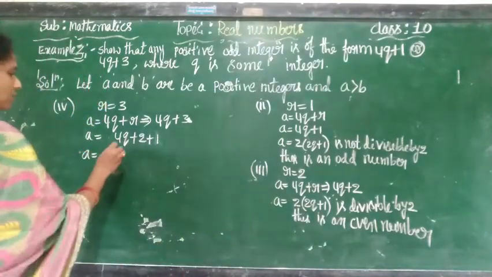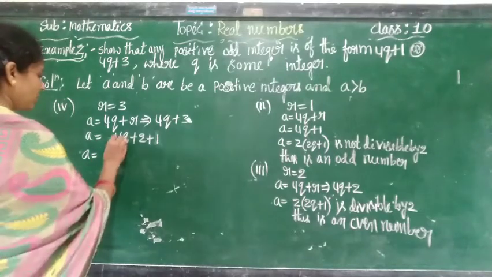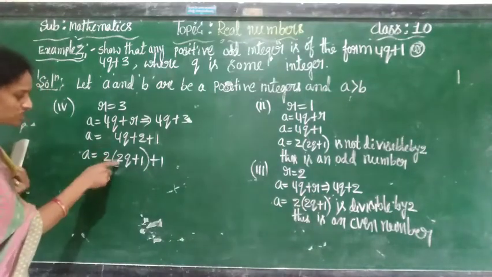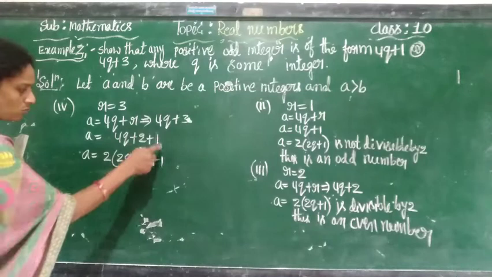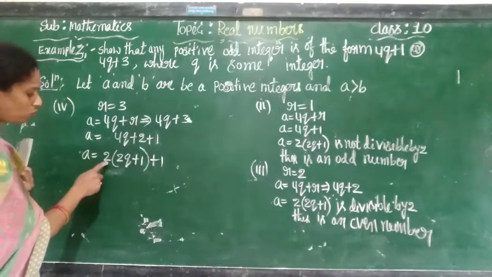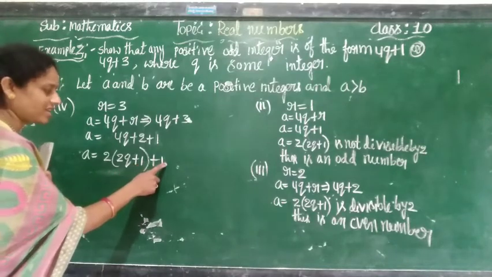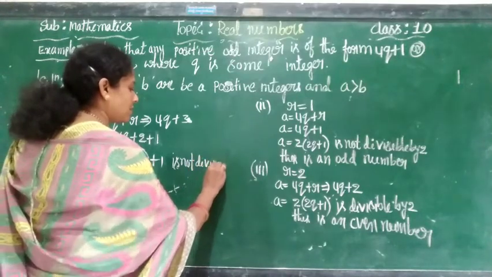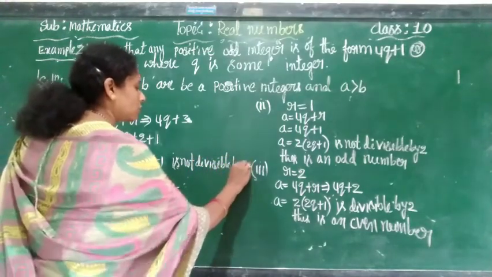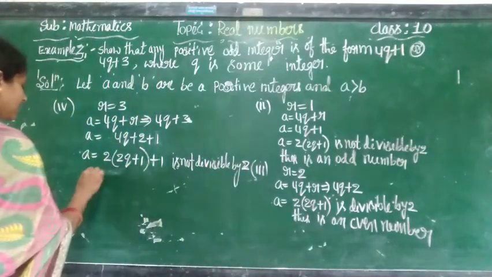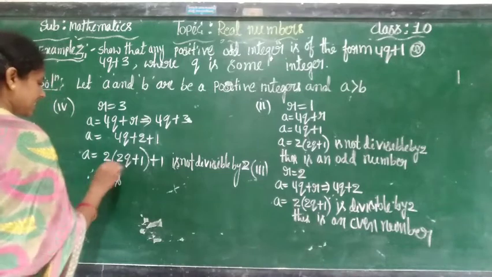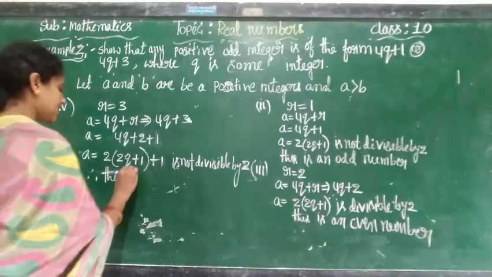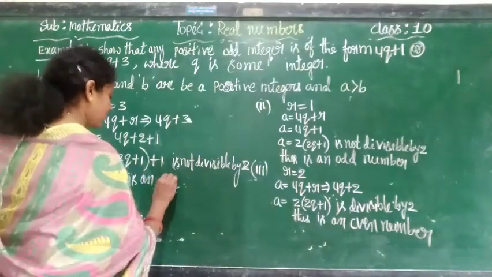So a is equal to 2 into 2q plus 1 plus 1. So 2 twos are 4, 2 ones are 2, 1. So we write 2 into 2q plus 1 is not divisible by 2. Therefore this means 2 into 2q plus 1 plus 1. This is an odd number.